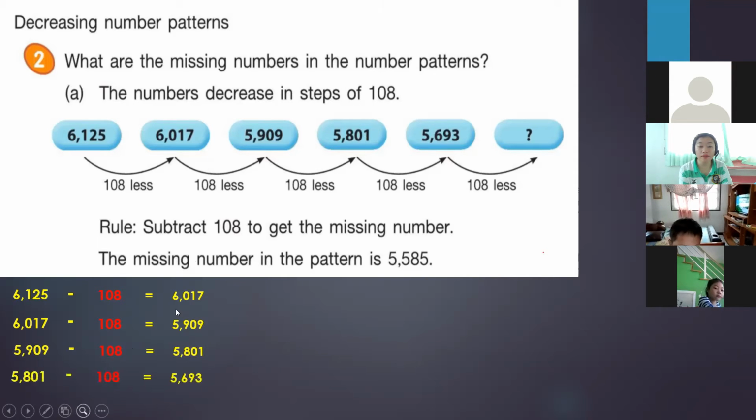And the next, 5,801 minus 108 is equal to 5,693. Okay, so 5,693 minus 108 is equal to 5,585.